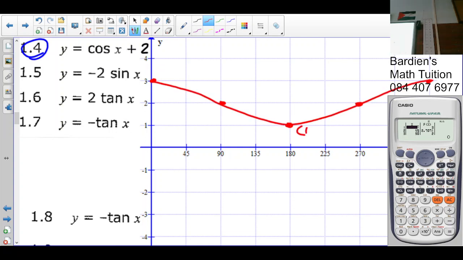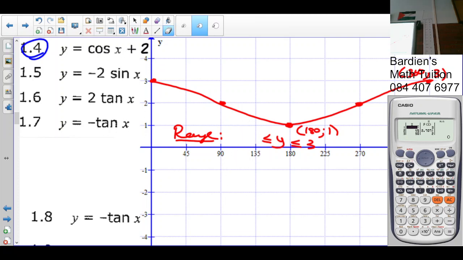So that is going to be 180 and 1, 360 and 3. Okay. What is the range of this graph? It's from 1 till 3. So y is greater or equal to 1, less than or equal to 3. What's the period of this graph?